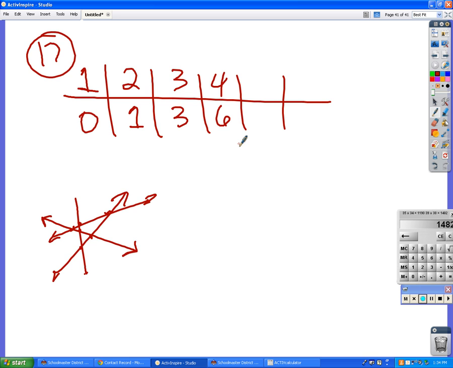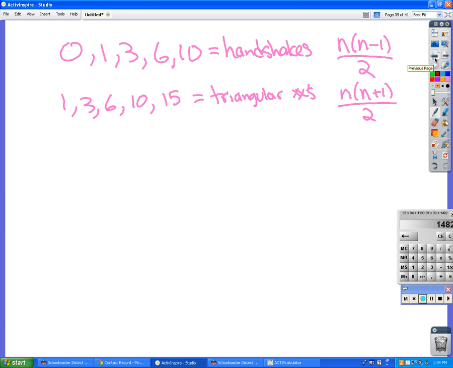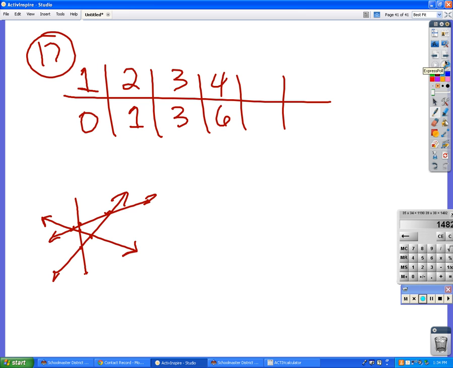Okay? So, go back to the thing here. Are we handshakes or triangular numbers? Handshakes, because we started at 0. Okay? So we immediately know that our formula is n times n minus 1 divided by 2. This is one of the weird backwards ones, though.